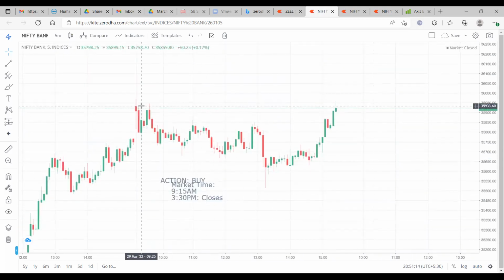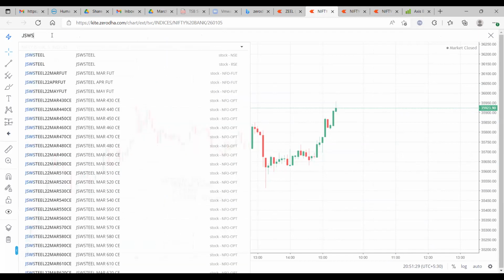Now, there is something called, this is the edit box. You can type in any company, it will actually show you. Say JSW Steel. So JSW Steel, stock NSE, National Stock Exchange, is what I want to choose.